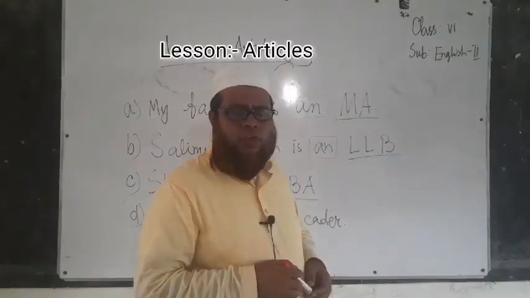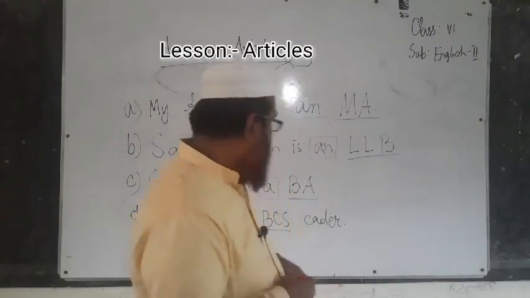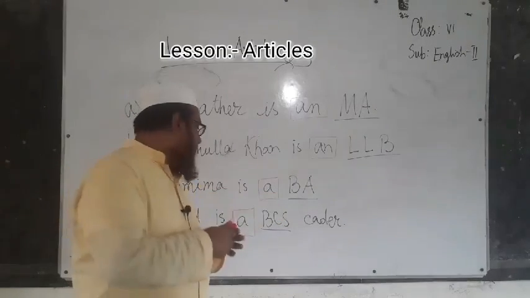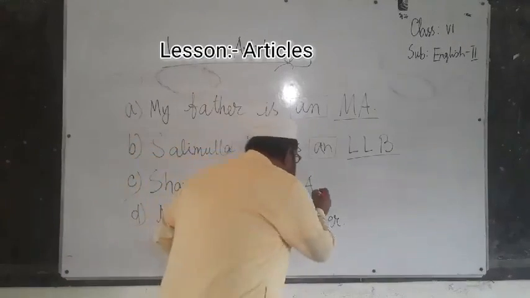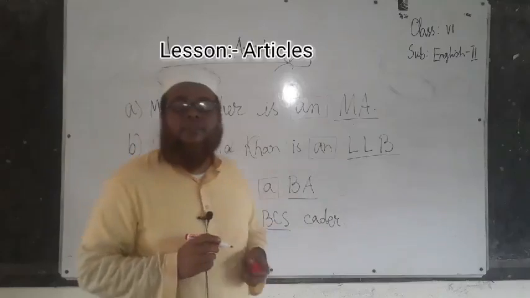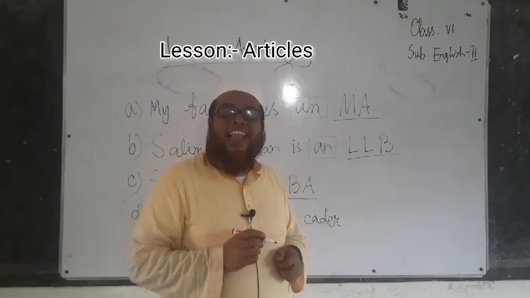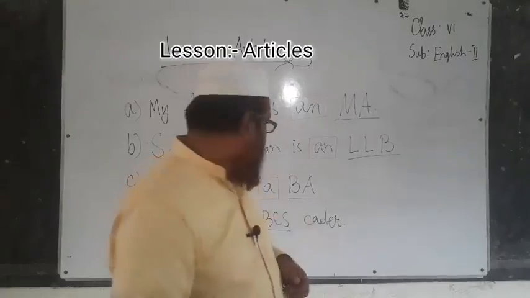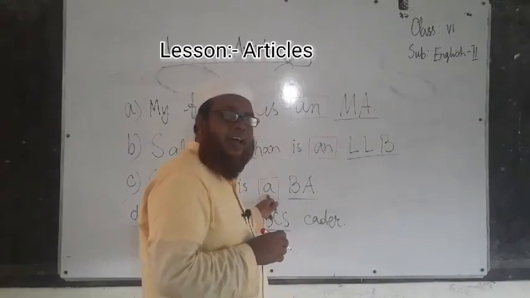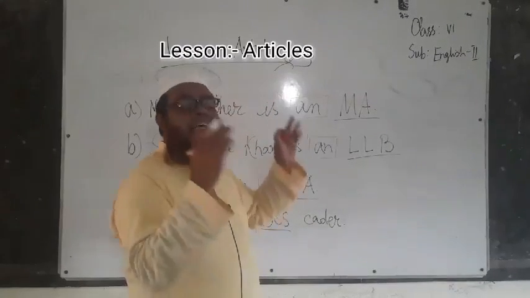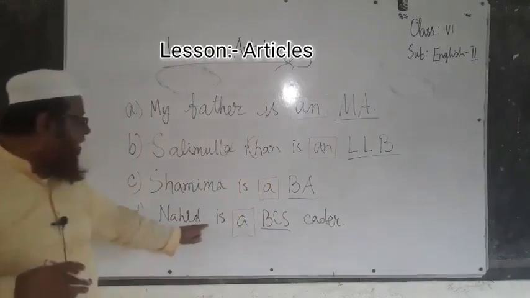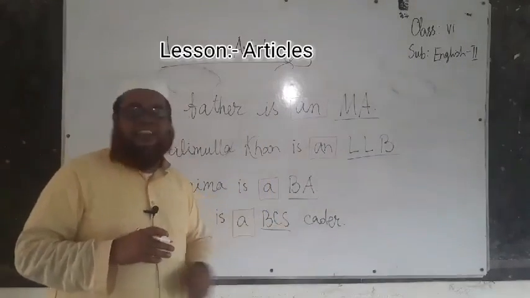Now, notice the last examples. Shabina has a BA. In this example, we are looking at BA. This abbreviation is pronounced like a consonant. For this reason, we use here 'a'. In the last example, we are looking at, Nahid is a BCS.